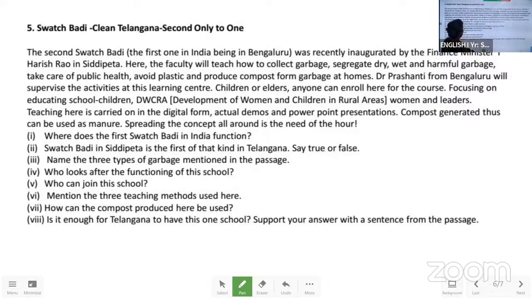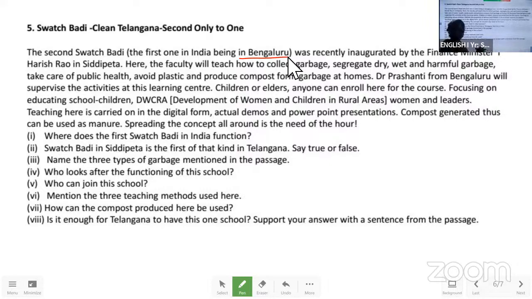Now, how do you go about answering? Where does the first Swachh Buddy in India function? It is in Bangalore. One word. You don't have to write the full sentence. You just write the word, that's enough.